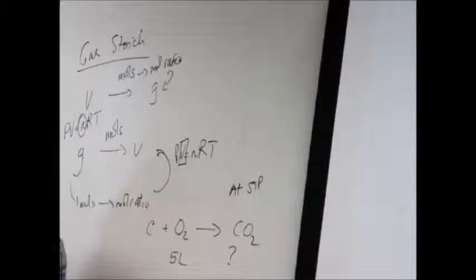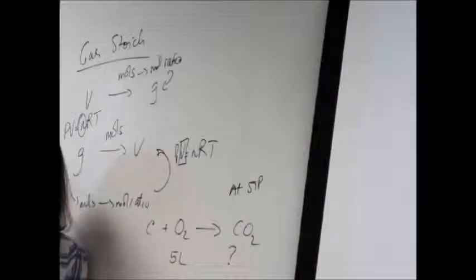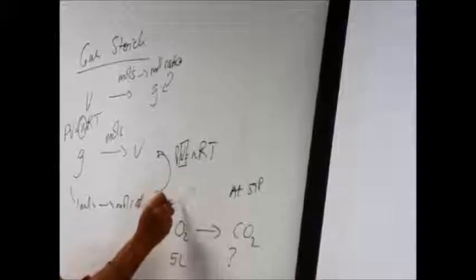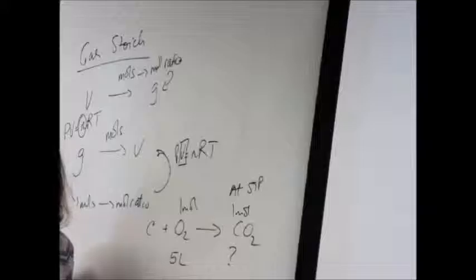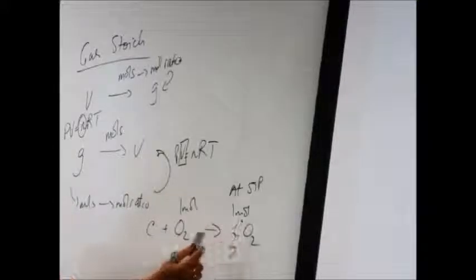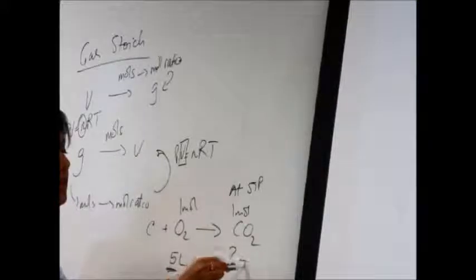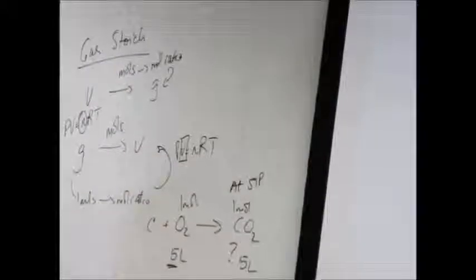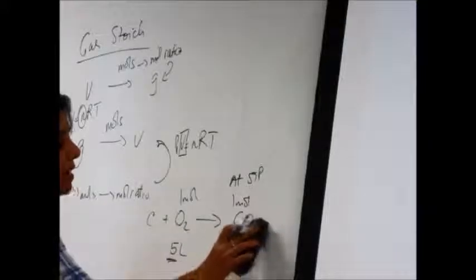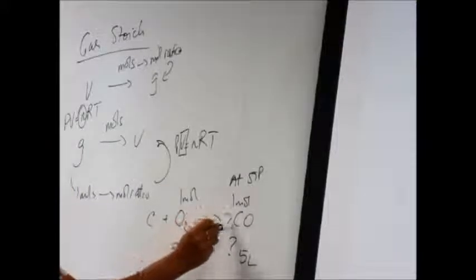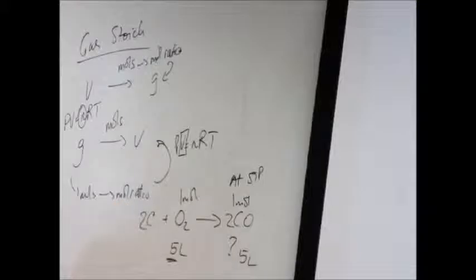At STP, the most important thing is the mole ratio. This is 1 mole, and this is also 1 mole. If the mole ratio is 1:1, whatever volume you have here is the same volume you will have here. If I change that, make this carbon monoxide, and this will be 2, and this will be 2 here, so now this is 1:2.